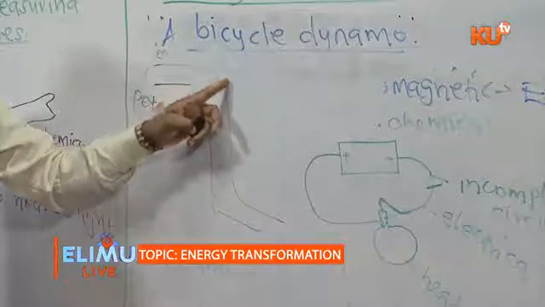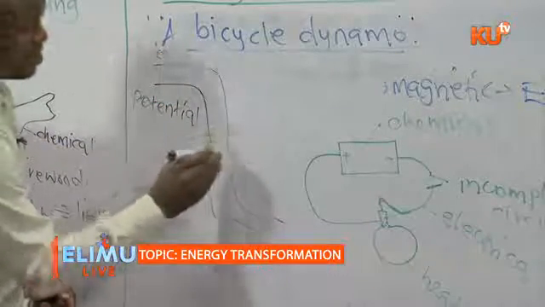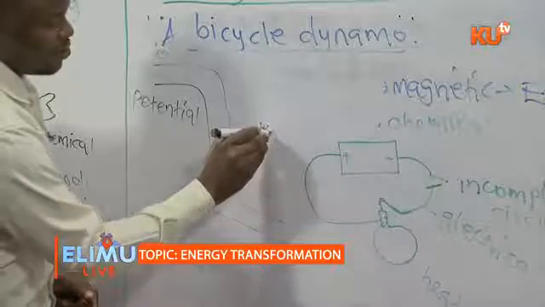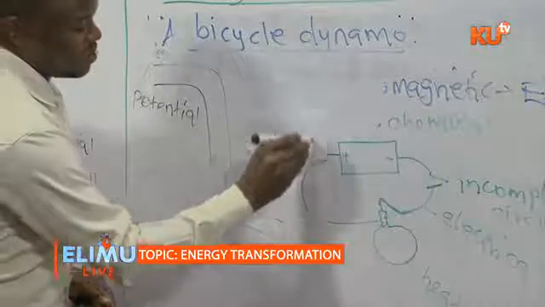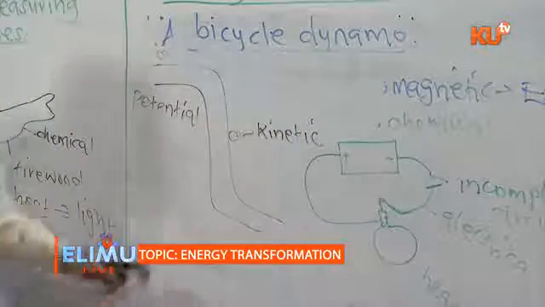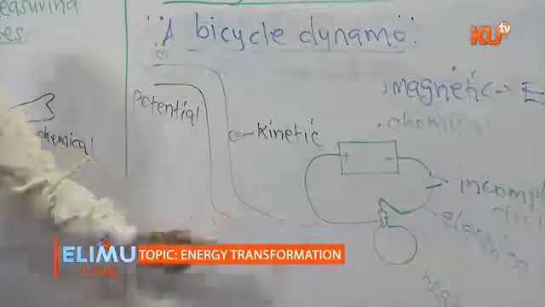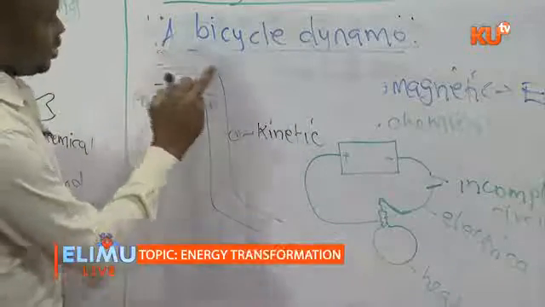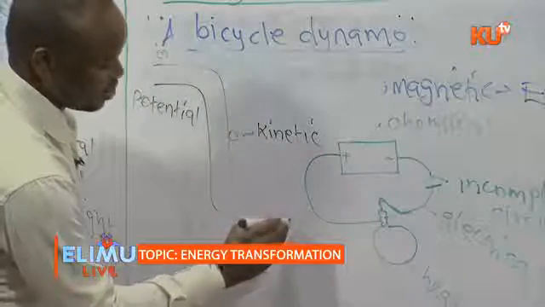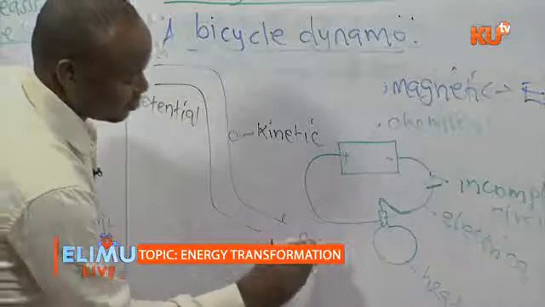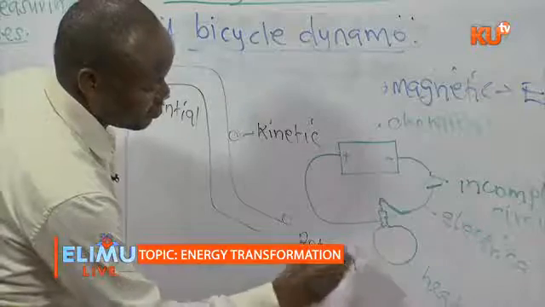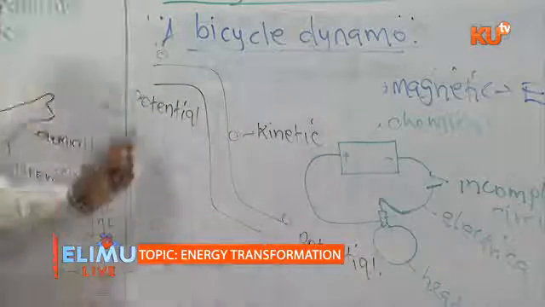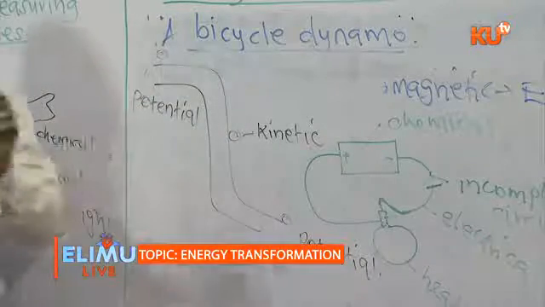When it's released, it rolls down. Maybe it's here. It is now in motion. Kinetic energy. Then it will stop somewhere here. It is potential again. Potential, kinetic, potential. That is the energy transformation in a rolling stone.